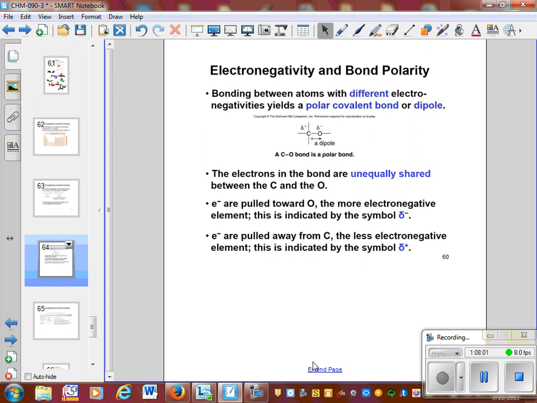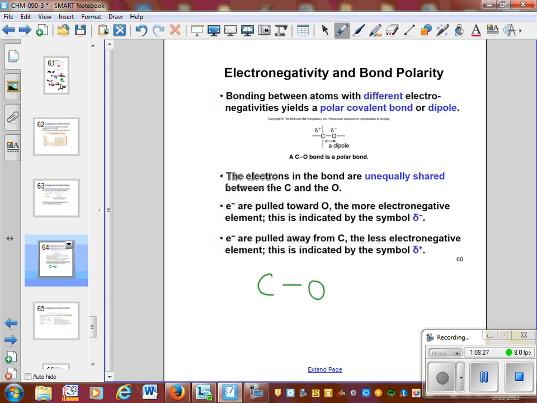That results in what we call a polar covalent bond, unequal sharing. The oxygen wants the electrons more than the carbon does. So think of it as a tug of war. It's pulling with much more force.